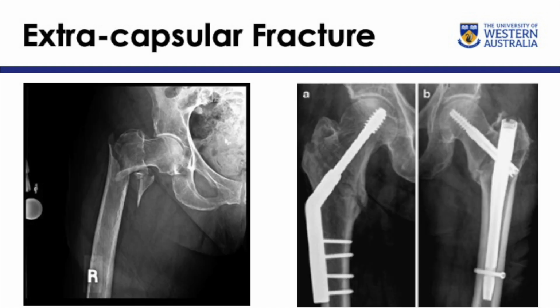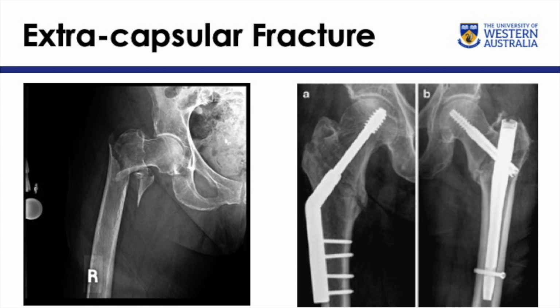Here you see a radiograph of an extracapsular fracture. This is a peritrochanteric fracture involving the greater and lesser trochanters. The femoral neck is preserved, and so the blood supply should be patent.